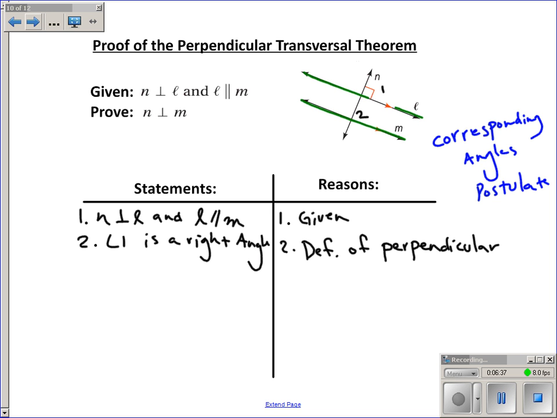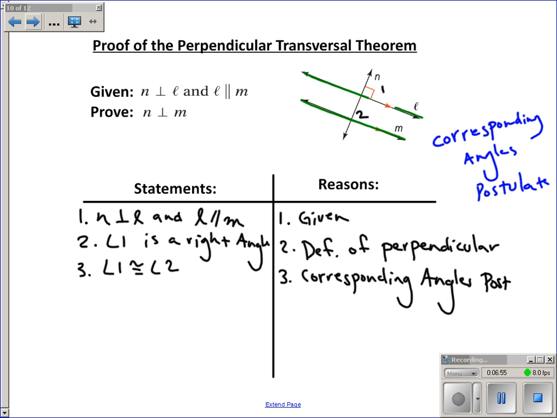Now the next thing is kind of the key to the entire proof: angle 1 is congruent to angle 2, and the reason is the corresponding angles postulate. Now if 1 and 2 are congruent, I hope it makes sense that angle 2 would also be a right angle.